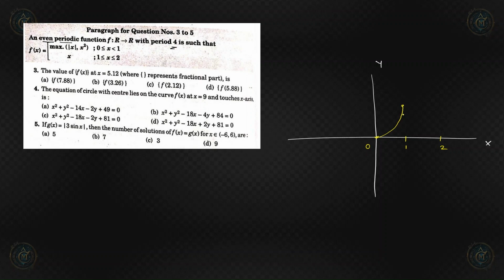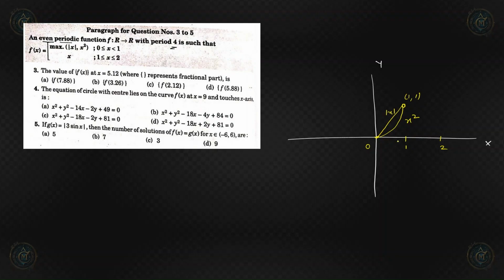This point will be what? This point will be 1 comma 1, right? And mod x will be this, right? This is mod x, this is x square. Okay, so we can clearly see which function is maximum in this closed 0 to open 1. Okay, so we are excluding this point 1 comma 1, so at this point we don't have any functional value yet.